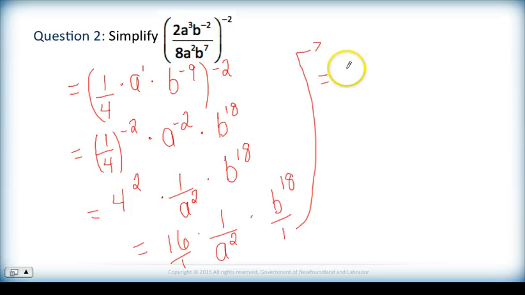Therefore, we'll multiply straight across. 16 times 1 times b to the 18 is 16 times b to the exponent of 18 divided by 1 times a squared times 1, which is a squared.